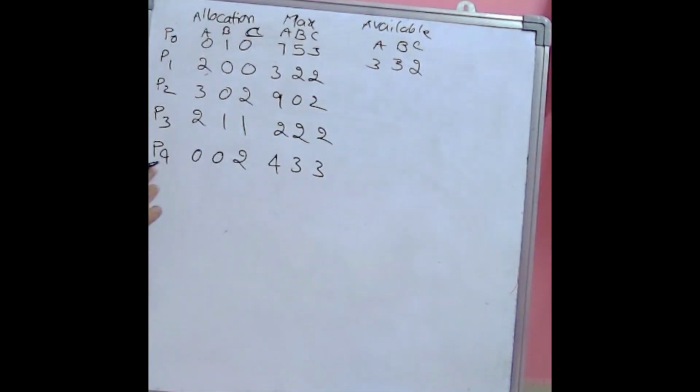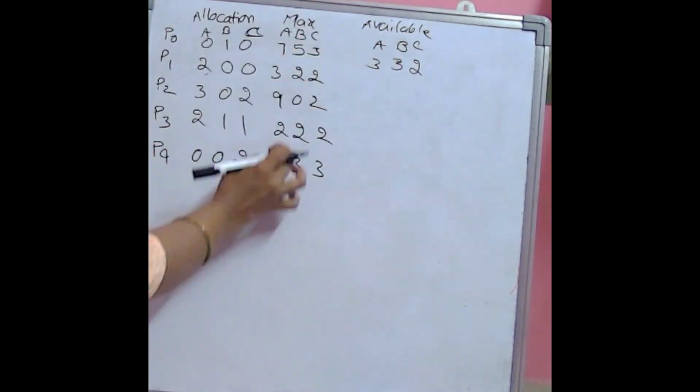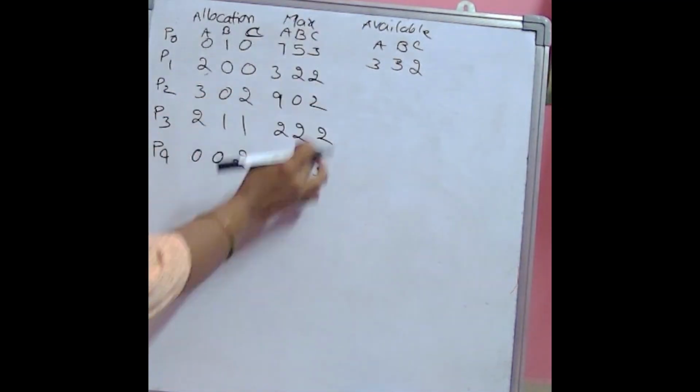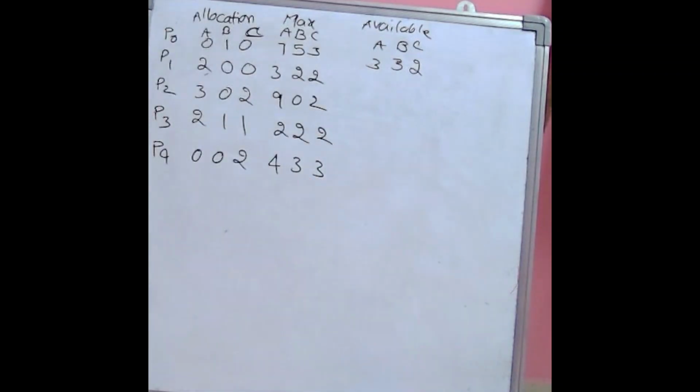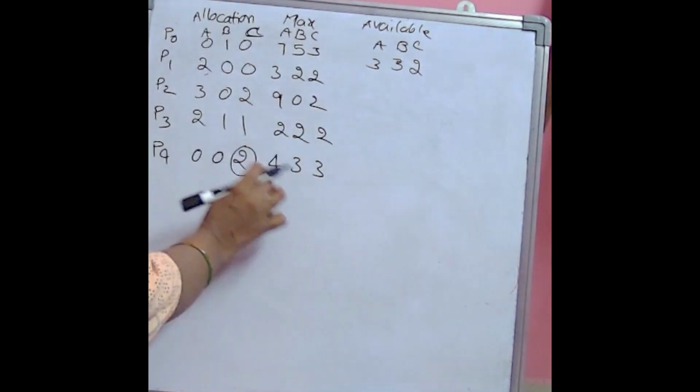To complete P0, it requires 4 units of A, 3 units of B, and 3 units of C, but it already started its execution with only 2 units of C type. It started the execution, but to complete it, this many resources are required.